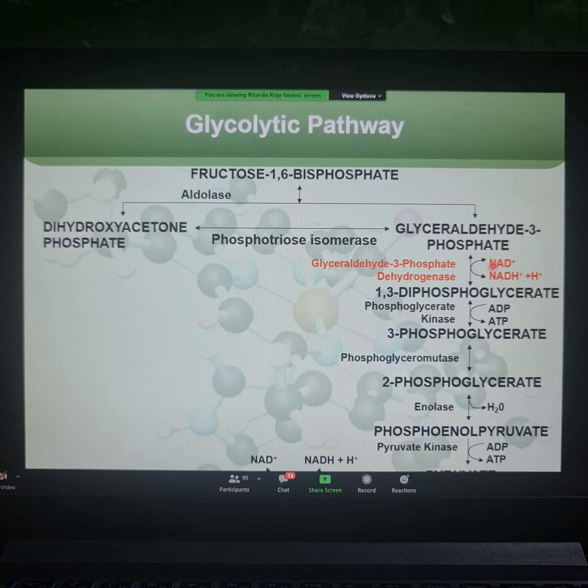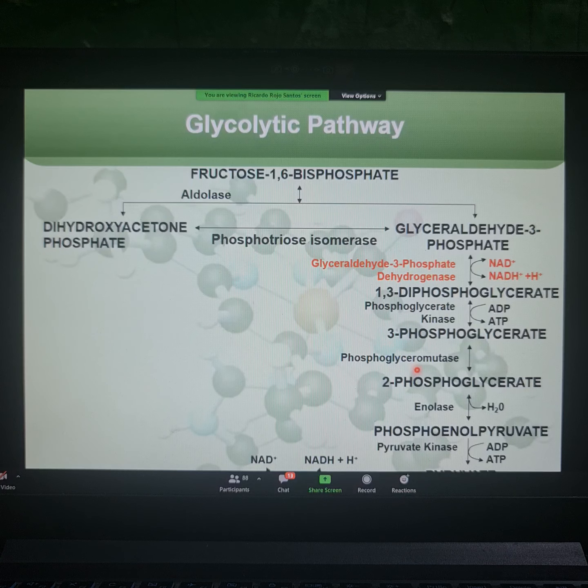So what do we have here? ATP production through oxidative phosphorylation. And what do we have here? ATP production through substrate level phosphorylation. The direct transfer of a phosphate group from a high energy compound, 1,3-DPG, to ADP.